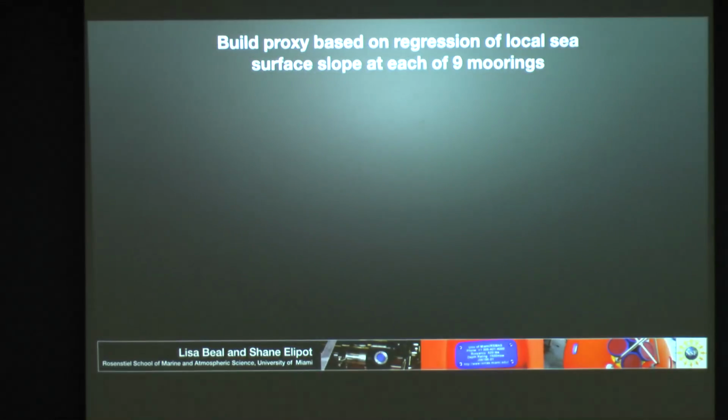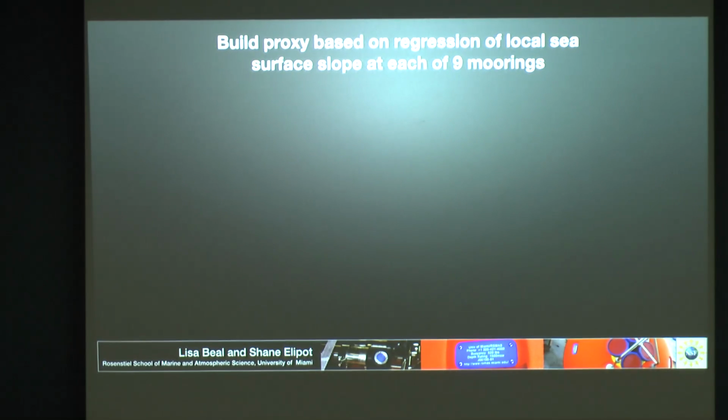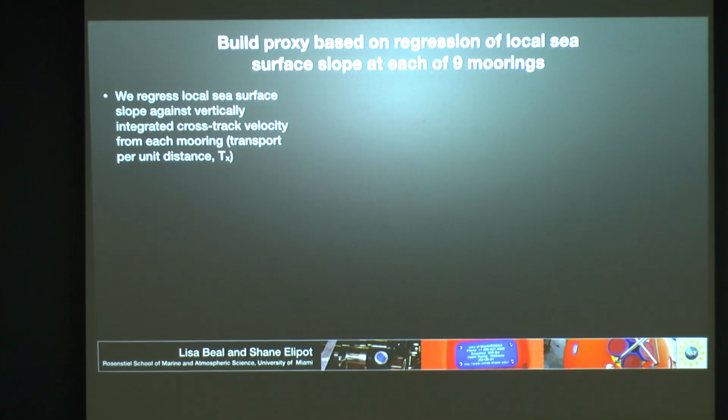So we built a proxy based on the regression of the local sea surface slope at each of the 9 moorings. There's a number of ways you could build proxies. We tried 3 different ways. And if you're interested in some of the details of that, ask me afterwards. It'll become clear why I'm showing you and why we needed to go to this technique.